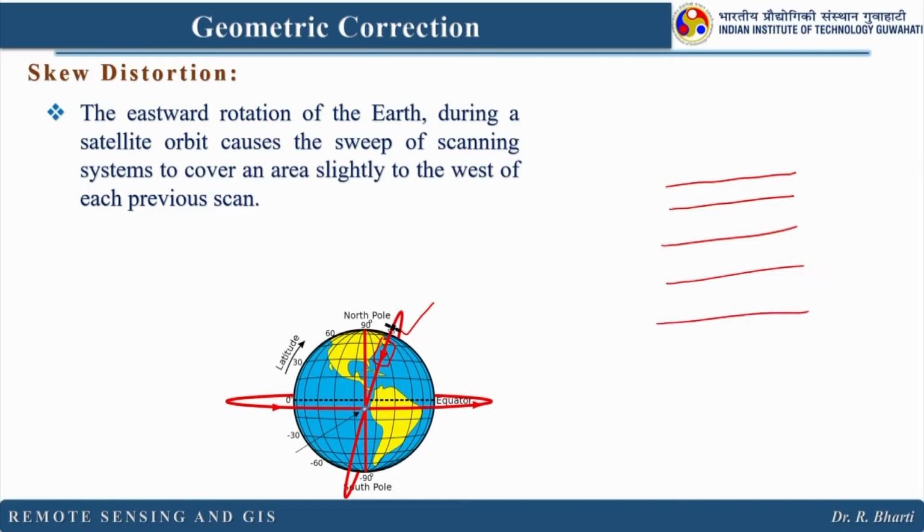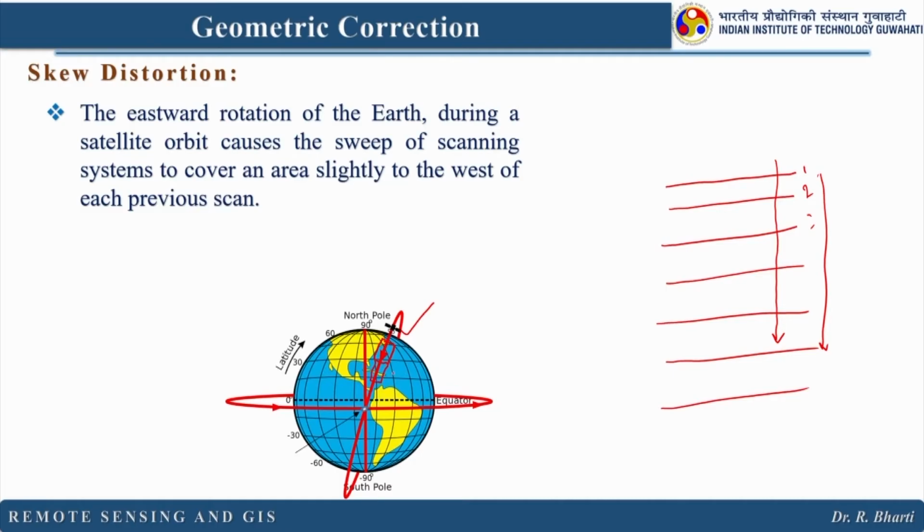Line wise, let us see, this is a push broom sensor, right. First one, second, third, so slowly it is moving in this particular direction. Now, here you can visualize it: it is capturing this particular image, and when it comes to this position, it captures this particular area.